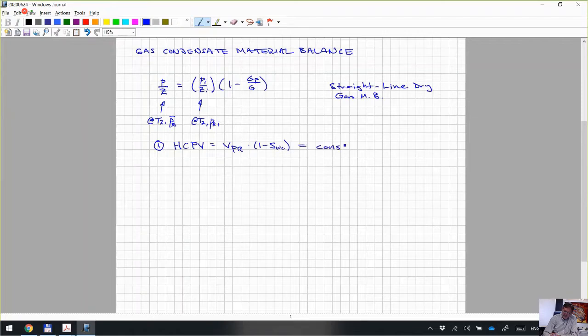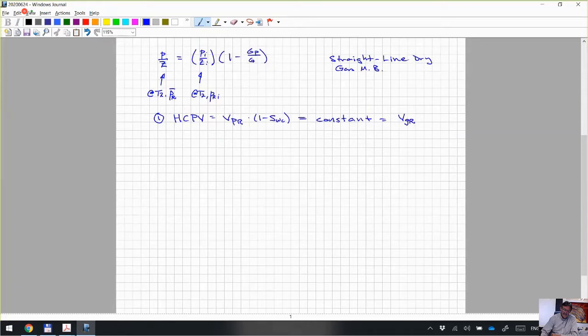So the volume of the reservoir containing gas remains constant. The pore volume doesn't change because of rock compressibility, the water doesn't expand because of compressibility, and you don't get water encroachment. It's idealized, like a PVT cell. That's the main assumption for this.